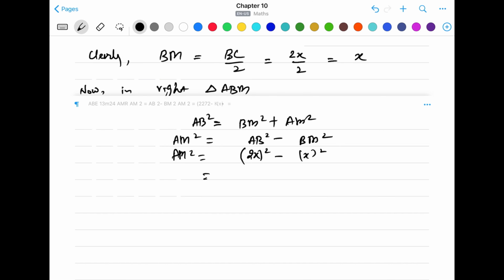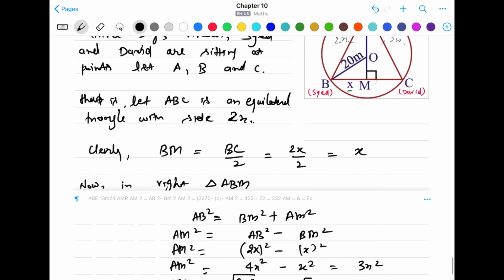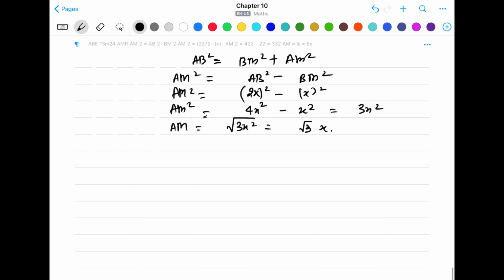So 2x whole square gives 4x square, and x whole square is x square. This will result as AM square equals 3x square, or AM equals root 3x square, that is root 3 x. So we got the value of the side AM.